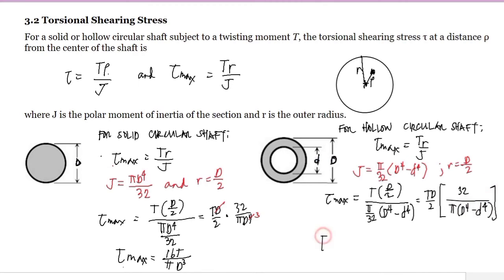And we have the formula for the maximum shearing stress would be 32 divided by 2, so that is 16 TD over pi multiplied by the outer diameter to the fourth minus the interior diameter to the fourth. And this would be the formula for the hollow circular shaft.